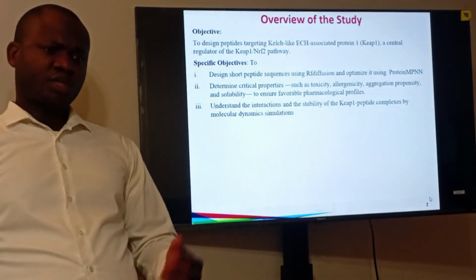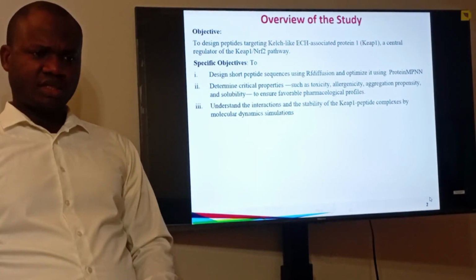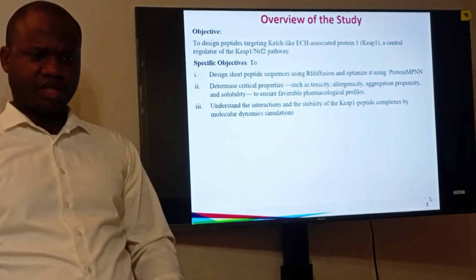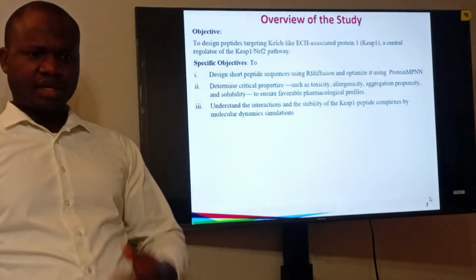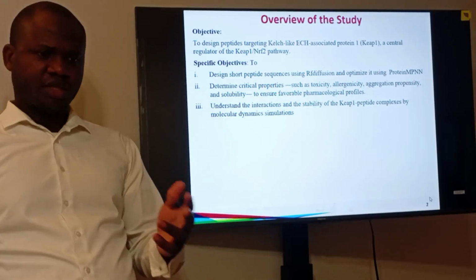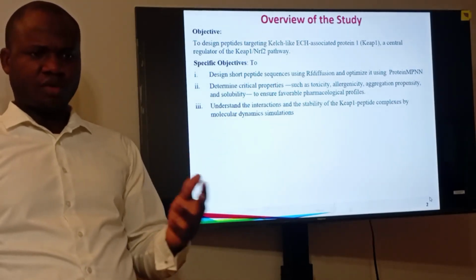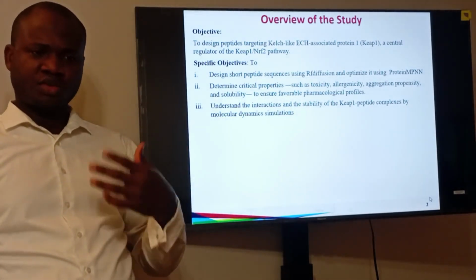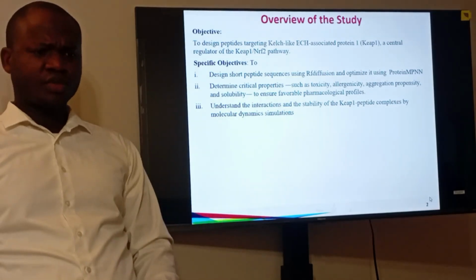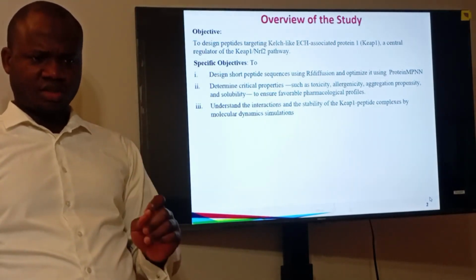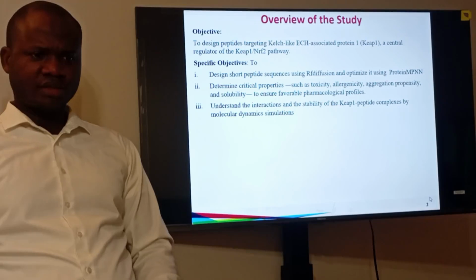Objective number two was to determine critical properties such as the toxicity of the designed peptides, the allergenicity, the aggregation propensity, and their solubility. This will help them predict the pharmacological profile of each of the peptides to find them either suitable or unsuitable. Objective three was to understand the interaction and the stability of a KEAP1-peptide complex by using molecular dynamics simulation.